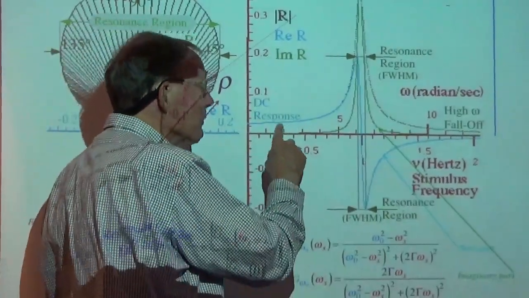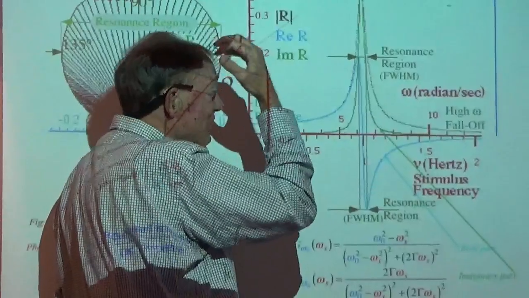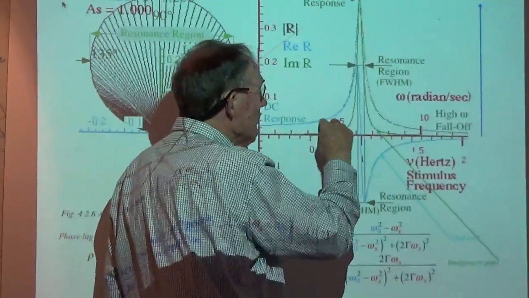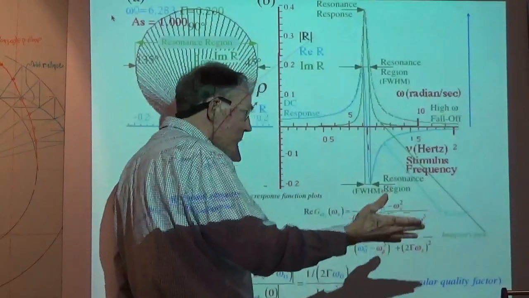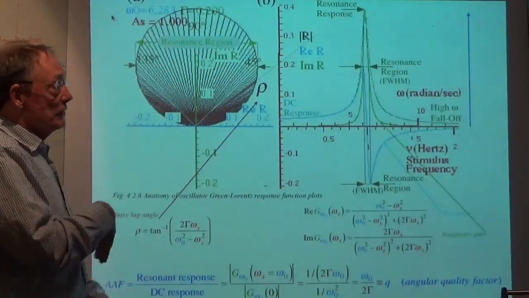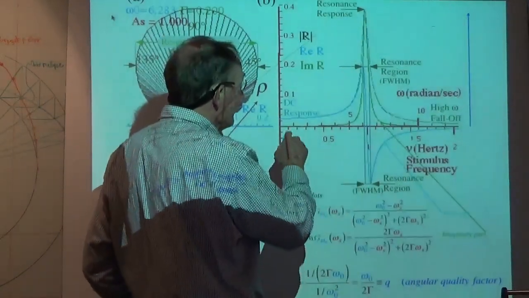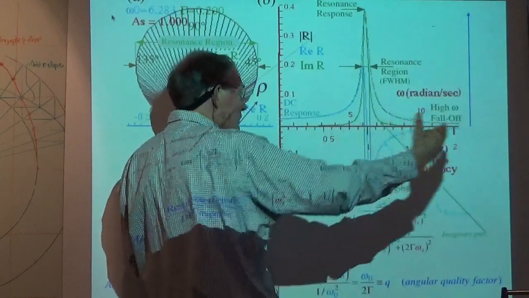Now, the real part is really hard to measure, but when you learn to do it, it's very telling. This is the one that gives you information about the dispersion and the refraction of the light wave in the region of the resonance. Most of the time, the index of refraction is constant. And this is a very reduced scale.